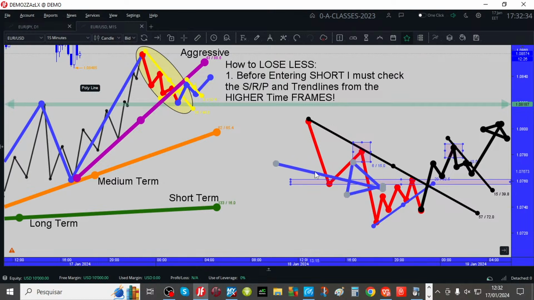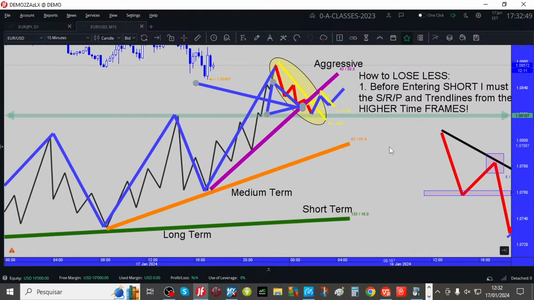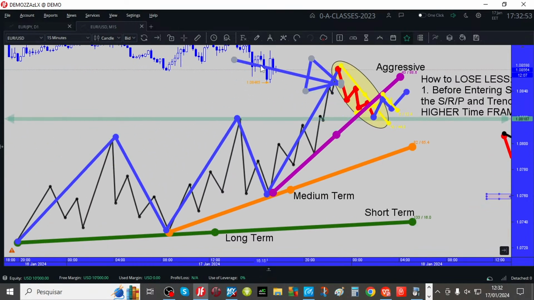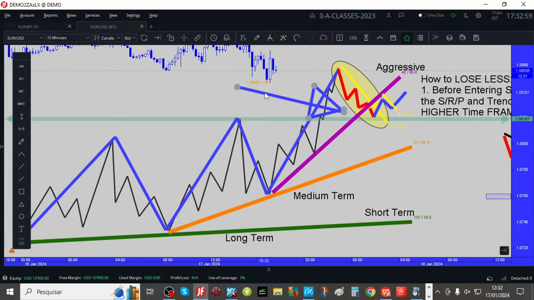Did this happen to you? You are seeing a downtrend and the market retraced, and you know you've done everything right in your mind, and you've lost because you went against the number one market wave, you went against the trend lines, and you went against the pivot point. Does this make sense?